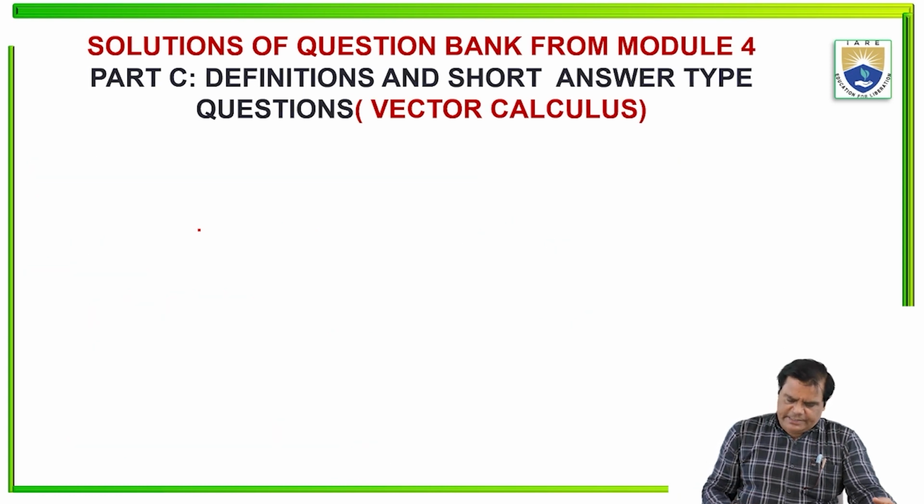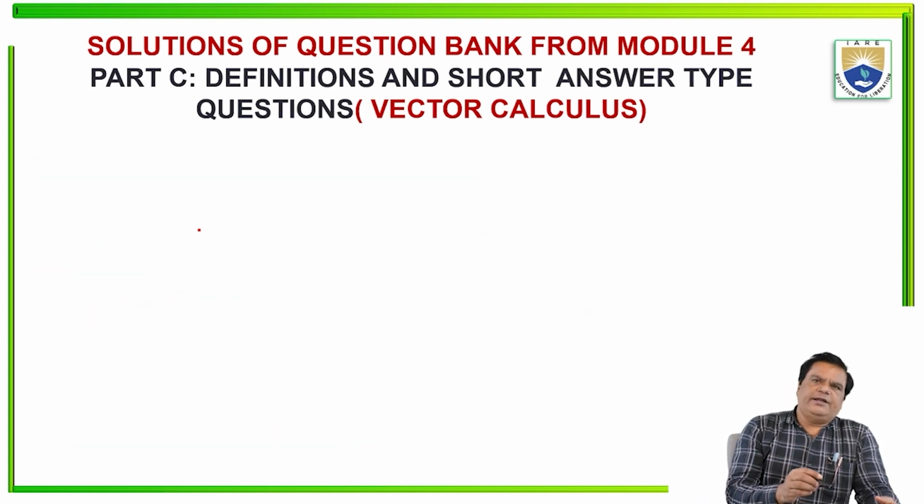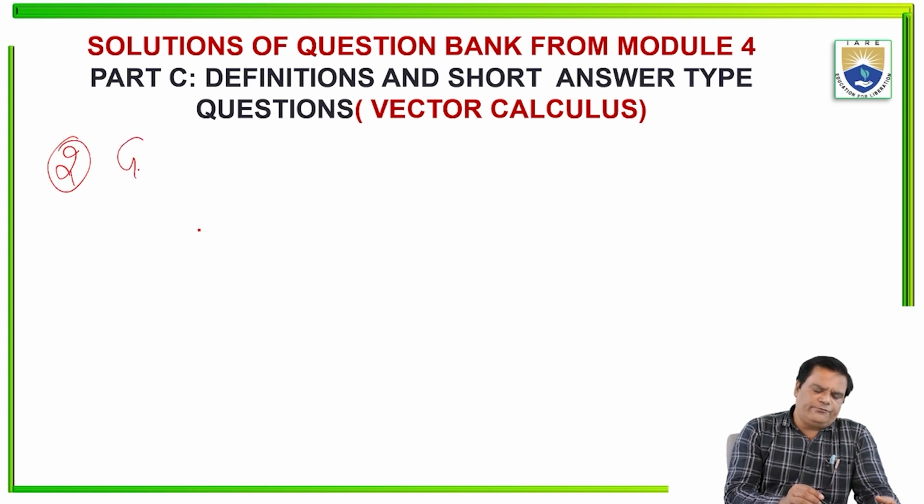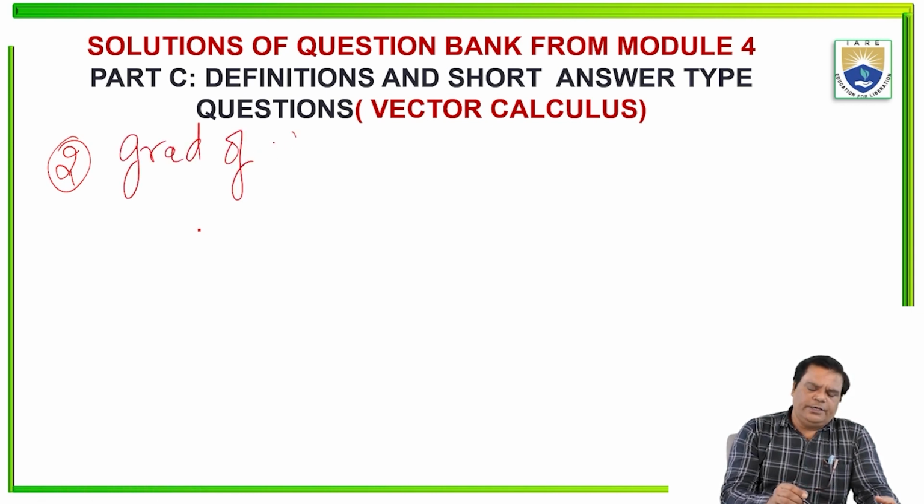Now the second point is the gradient of a scalar point function. What is the gradient of a scalar point function?